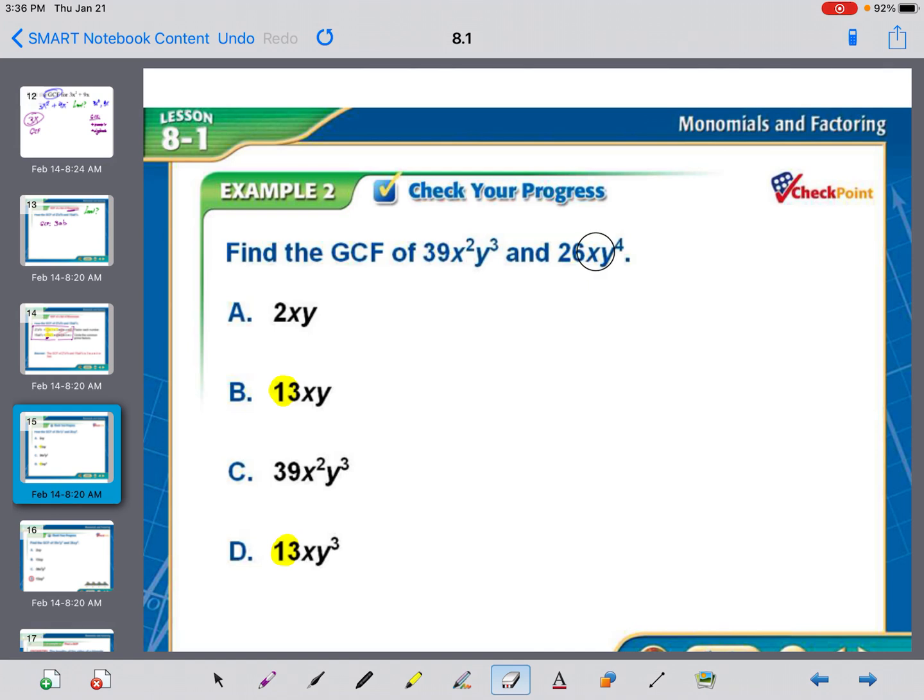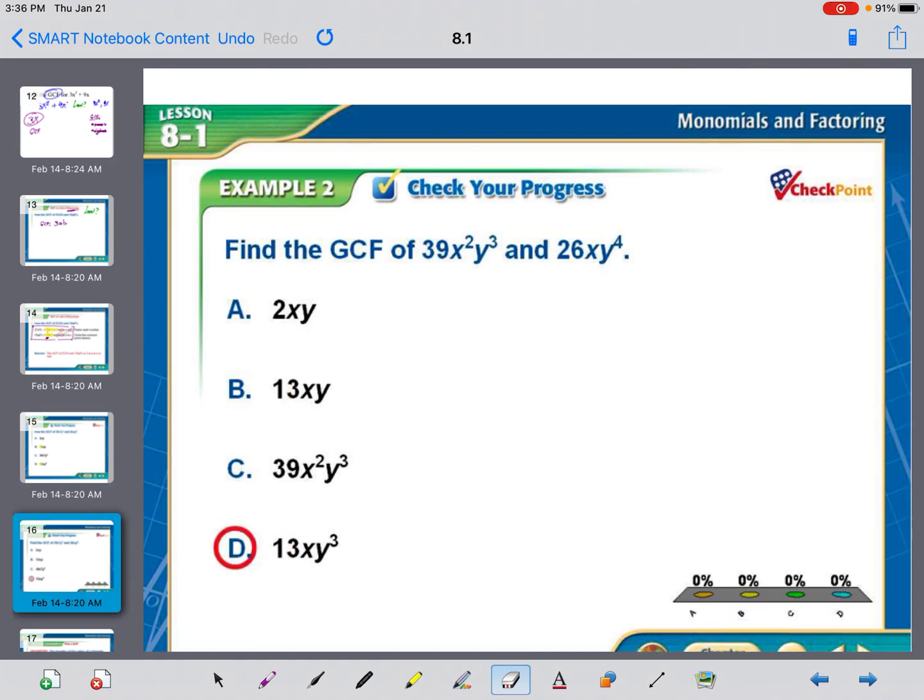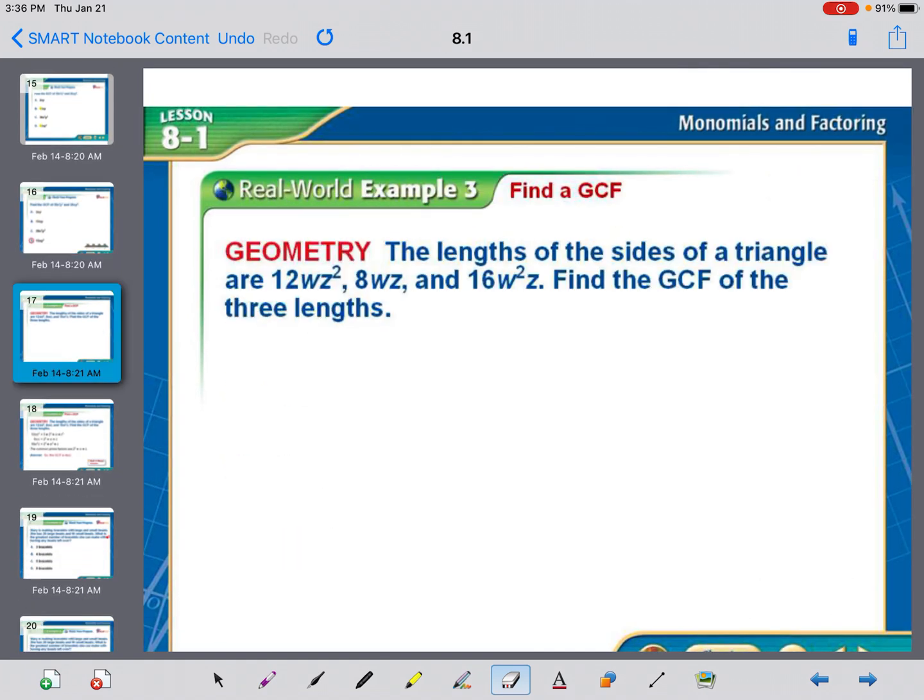Where's it found the least? The x squared or the x to the first? And of course it's x. And both of these have x. So then we look at the y's, the y cubed and y to the fourth. They do have a y in common, that's for sure. Where's it found the least? The y cubed or y to the fourth? The y cubed, of course. So the answer is D.